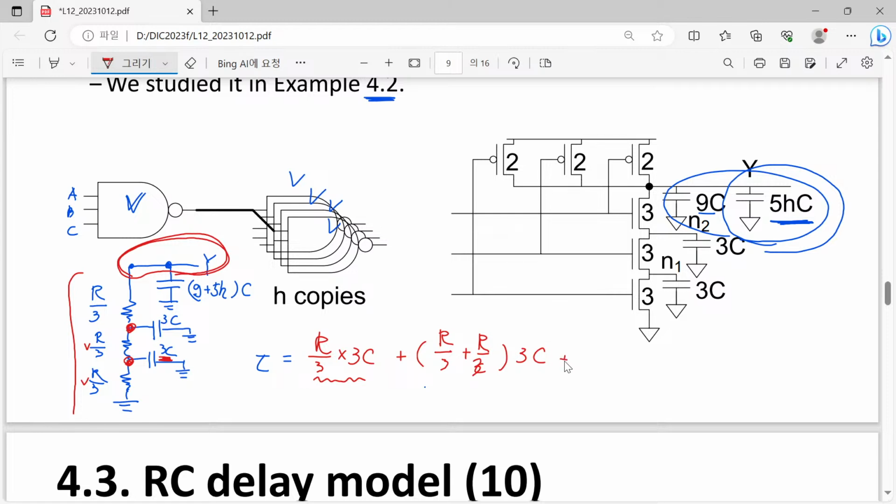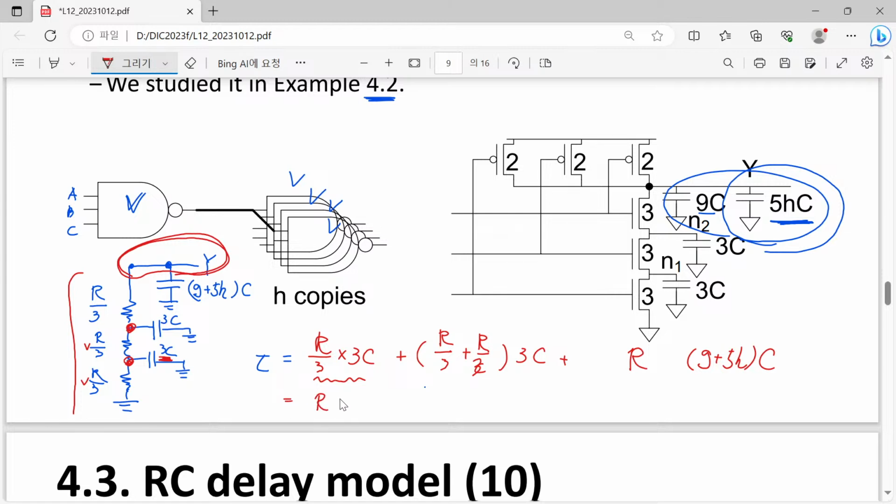And finally, we have quite a large load cap here, 9 plus 5H, and then we also have R. Are you with me? Let me do it together with you.